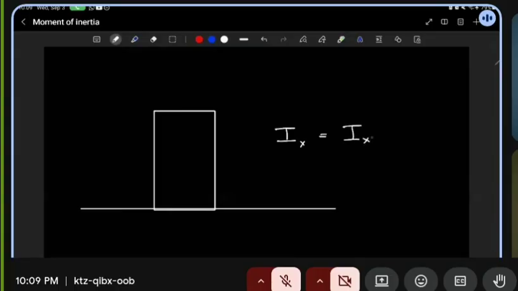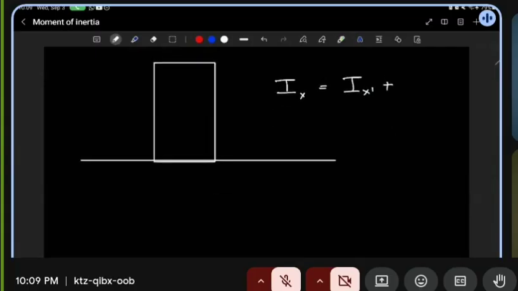Another example where I would say you go about it without deploying the differentials is think about a shape whose moment of inertia about the x-axis is already known.